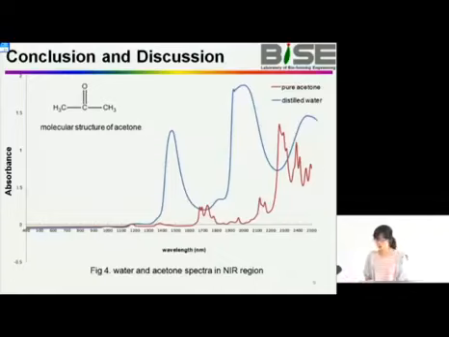CGA is easily dissolved in acetone. And this is the molecular structure of acetone. From the structure, we can see that acetone doesn't contain the OH bond. So compared to water, in these two strong water absorption regions, acetone absorption is very low. So it means if we use acetone as a solvent, in this region, the CGA spectrum may contain less noise.